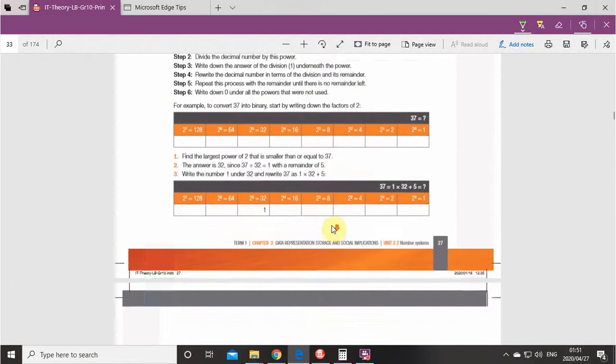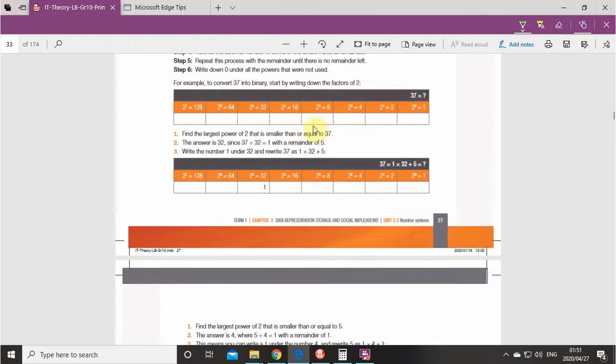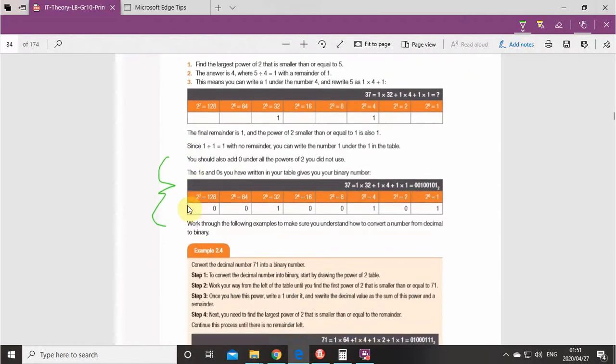Then converting from decimal to binary, there are also a few steps. I'm going to do this example over here. Let's say we have the number 37 that we want to convert into binary. A very simple way is to firstly begin with your powers.